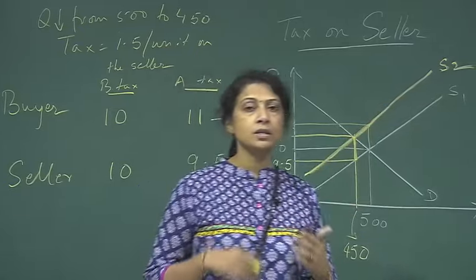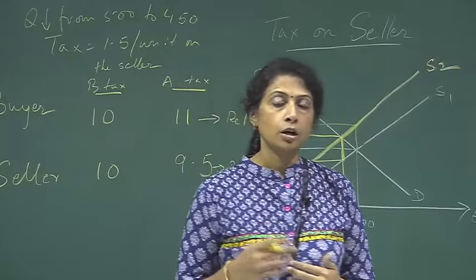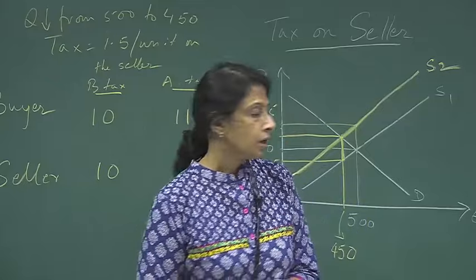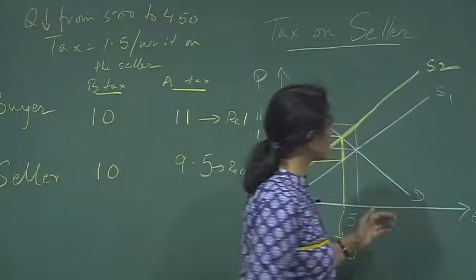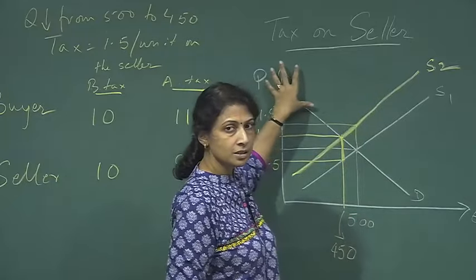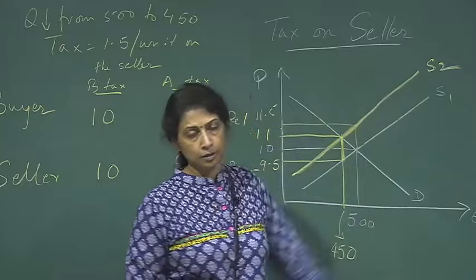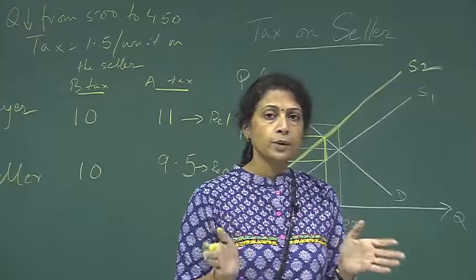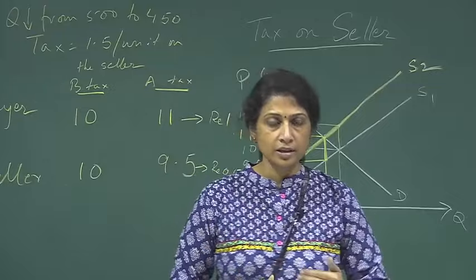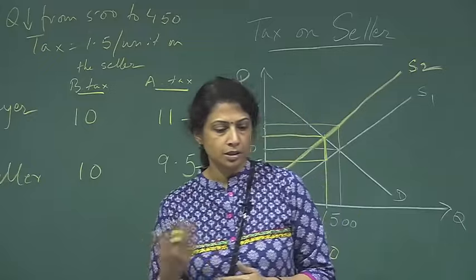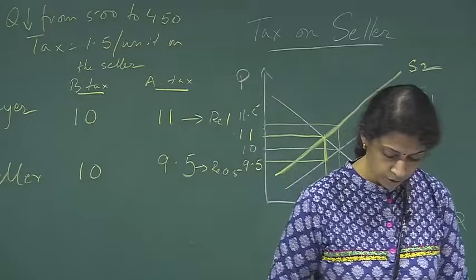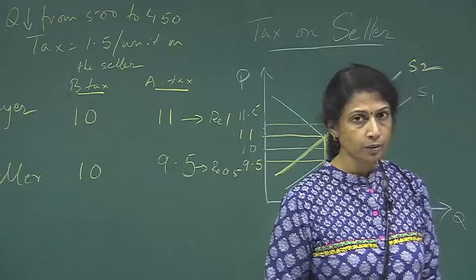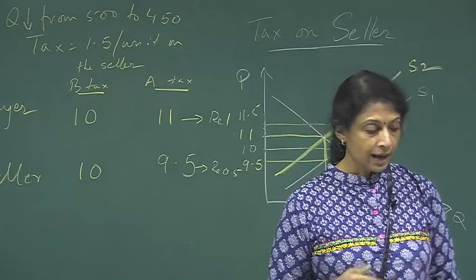Had it been a percentage tax imposed on the price of the good, then for higher prices, the gap between the new supply and old supply, or the new demand and old demand, would have been higher at higher prices and lower at lower prices. So this is something to be careful about when you are drawing a diagram. But to avoid such complexities, we have taken the simpler example of a tax per unit of output.